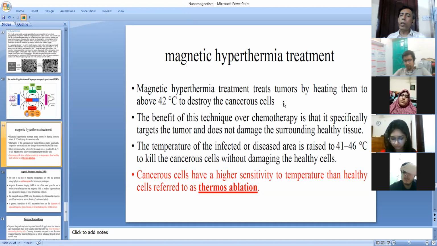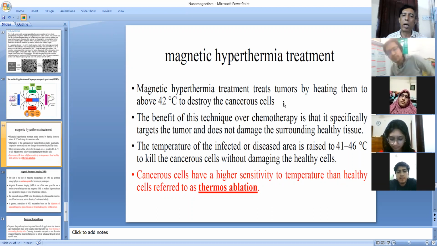So if we place a magnet, say for example here, the iron oxide will automatically come here. And if we remove the magnet from here, the iron oxide will not do anything. By this way, we can guide the iron oxide to the tumor cell.